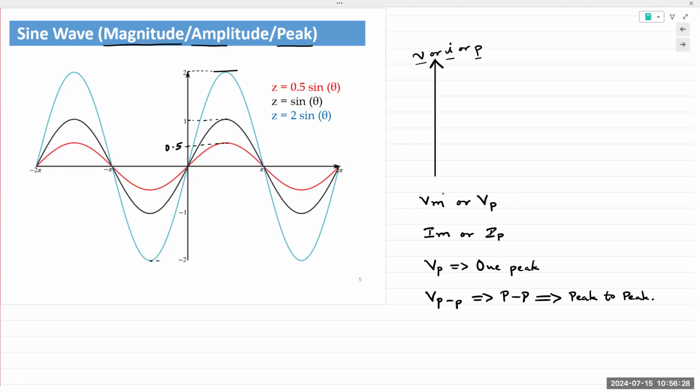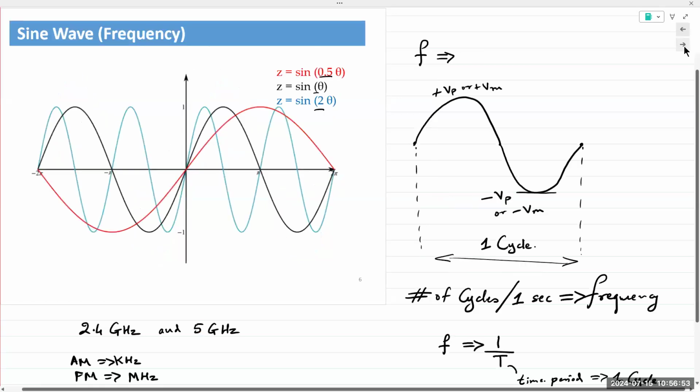They're describing the y-axis value of that quantity. So it's VM or VP or IM or IP. Our book and our Pearson system uses M, but most systems use P. So remember this fact. It's the y-axis value of the quantity.